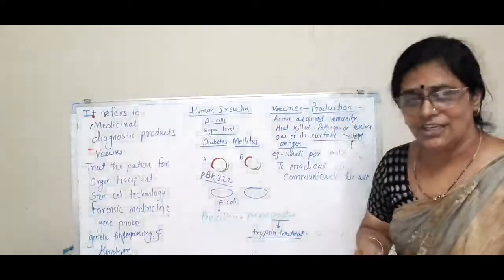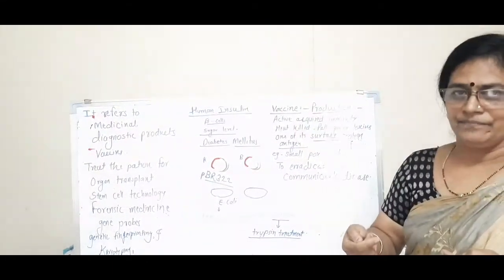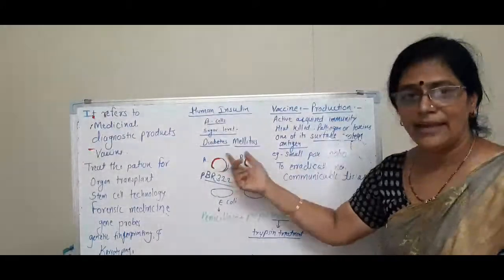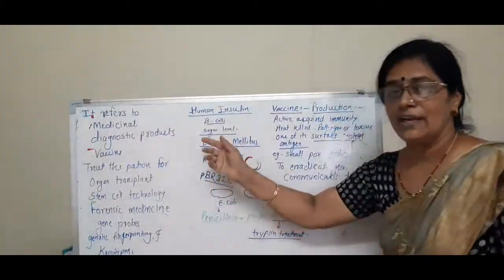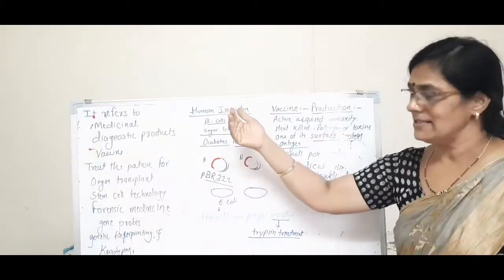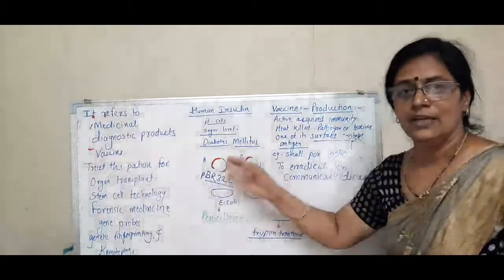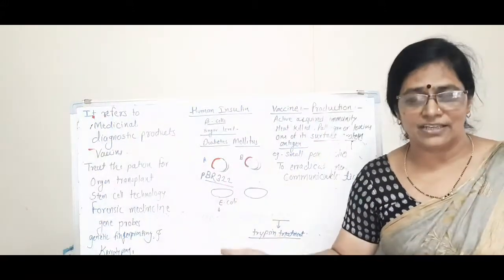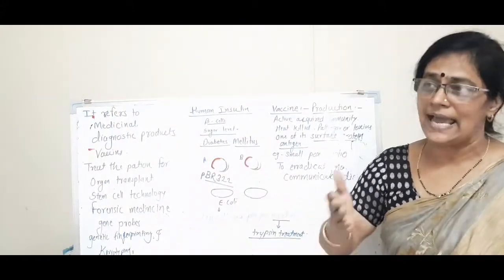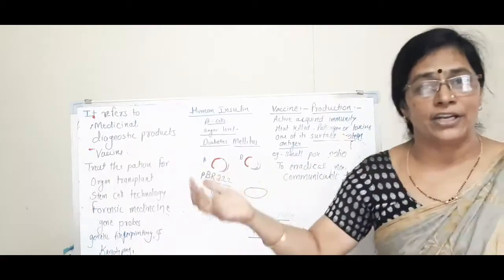So such a gene is isolated. There are two chains, the A and the B chains. They are isolated from the islets of Langerhans cells, especially from the beta cells, and introduced into a plasmid. You know the plasmid is the vector. It has the ability to carry a foreign gene.